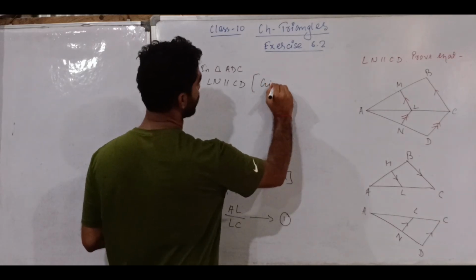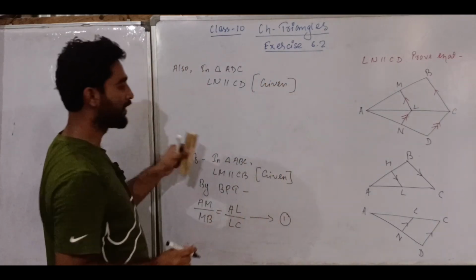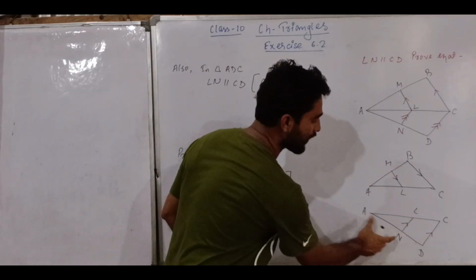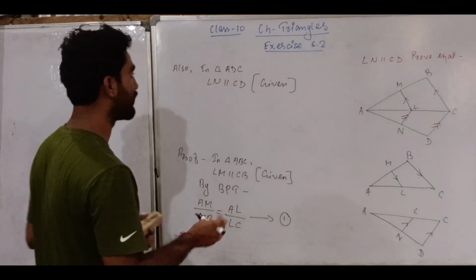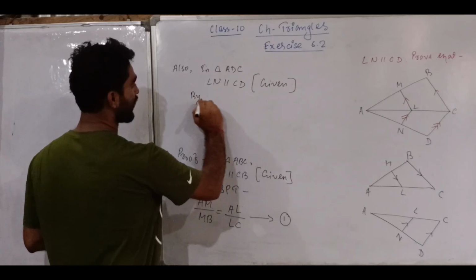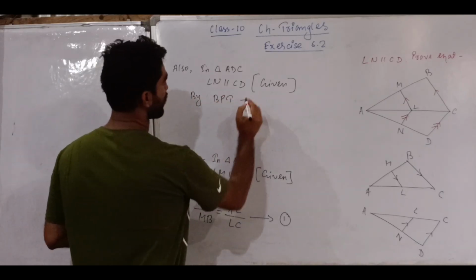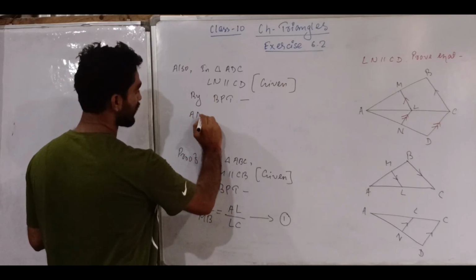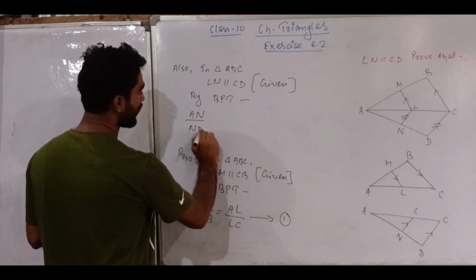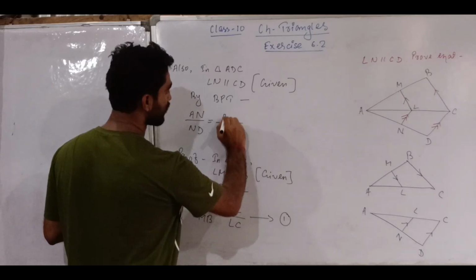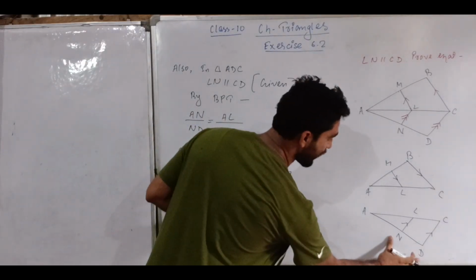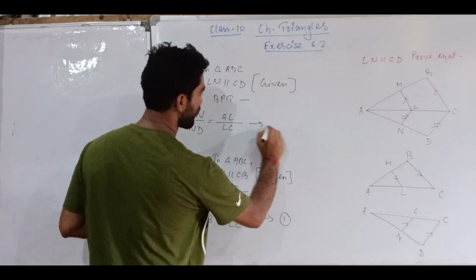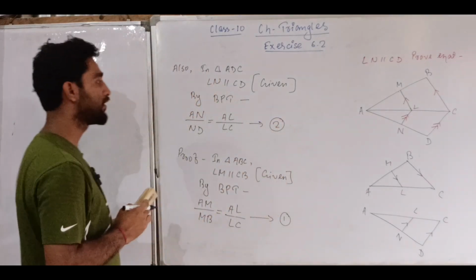This information is also given in the question. So again, one triangle is there and in this triangle a parallel line is there. So this parallel line will divide the other two sides in the same ratio. So again we can apply the BPT. By the basic proportionality theorem, we can say AN divided by ND will be equal to AL divided by LC. This one is equation number 2.